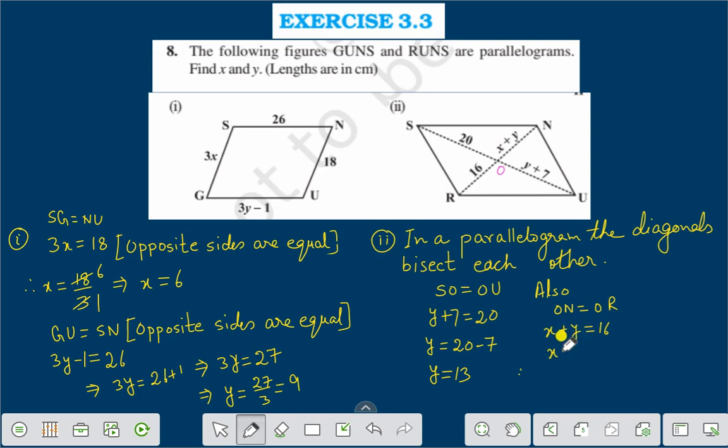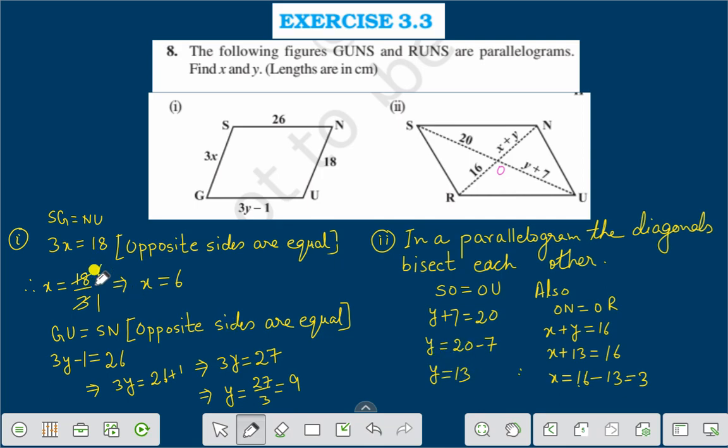Therefore, x plus 13 is equal to 16, or x is equal to 16 minus 13. The value of x is equal to 3, and the value of y is equal to 13 in figure 2.